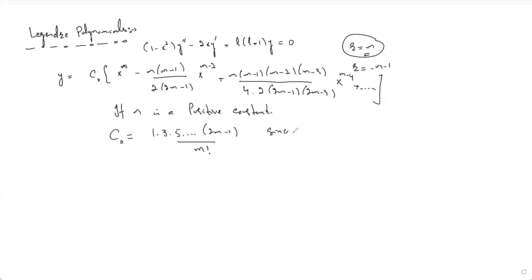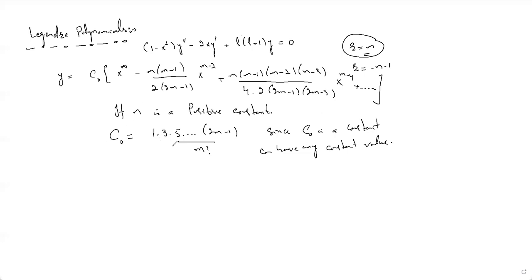Since c0 is a constant, it can have any constant value. So I will write down the same solution by substituting the value of c naught.